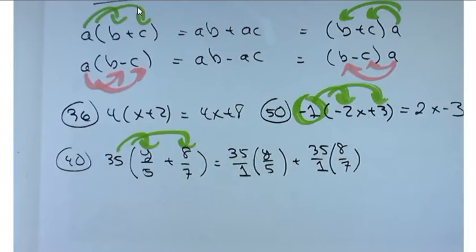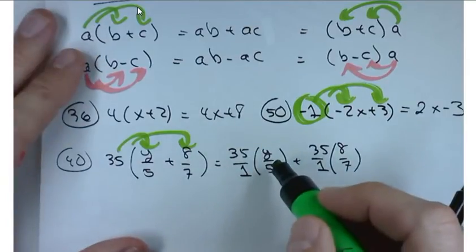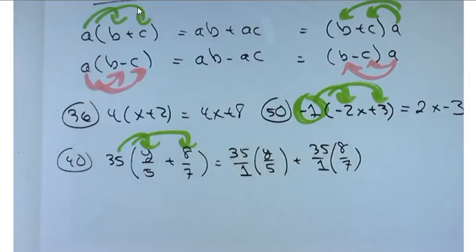Okay, so Sabrina, is there anything I can do to simplify this? I mean, that's one way to do it, 35y over 5.